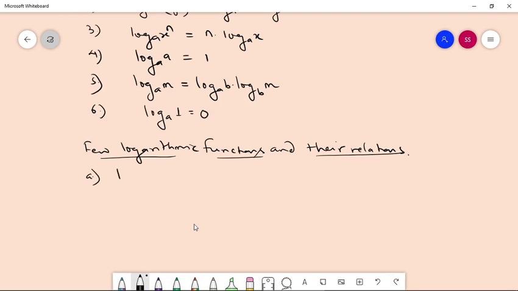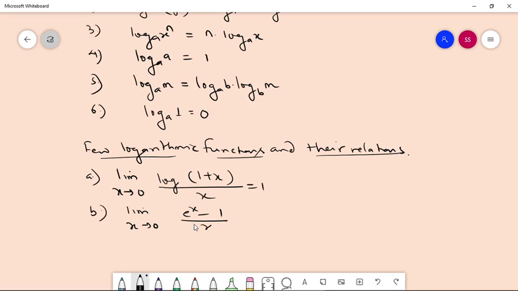First principle that we have already studied: A, limit x tends to 0, log(1 plus x) over x equals 1. B, limit x tends to 0, (e to the power x minus 1) by x equals 1.